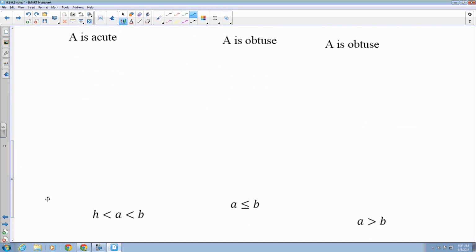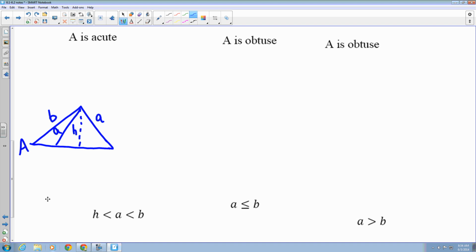And the last acute situation: what if our side a was between the height and our side b?